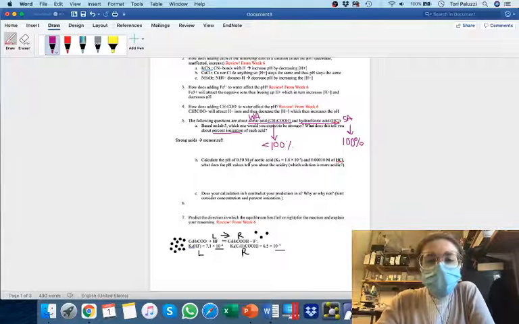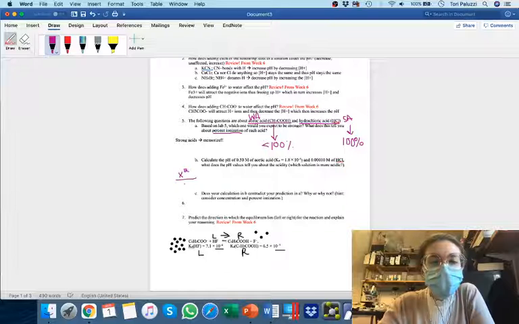Next, calculate the pH. We already know that acetic acid is a weak acid, so I'm going to have to do x squared from my ice table divided by the concentration of my acid, 0.5, and that's going to equal my Ka value, 1.8 times 10 to the -5. This is not my pH, it's going to get me my x value.